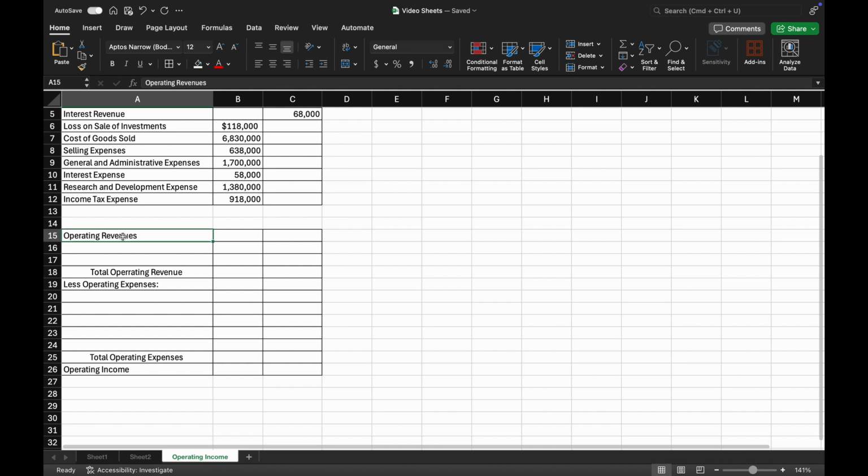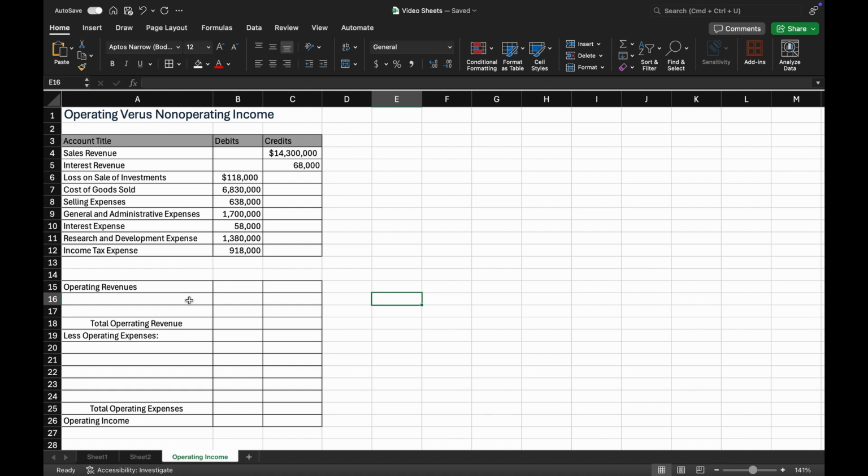So we have operating revenues, total operating revenue, less operating expenses, total operating expenses, and finally, operating income. From the two revenue items on the trial balance, only sales revenue is part of operating income, so we can put that account in its credit balance of $14,300,000 under operating revenues. So sales revenue with a credit of $14,300,000.